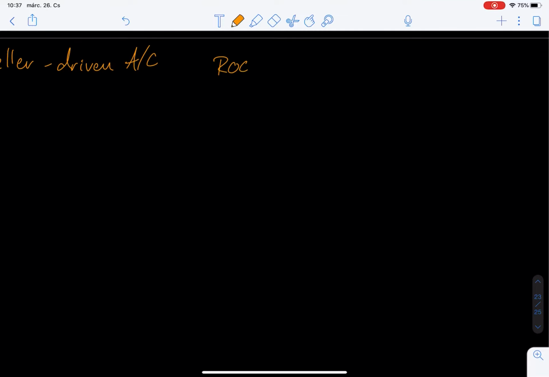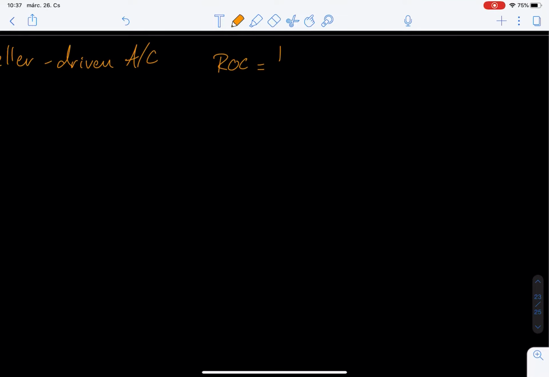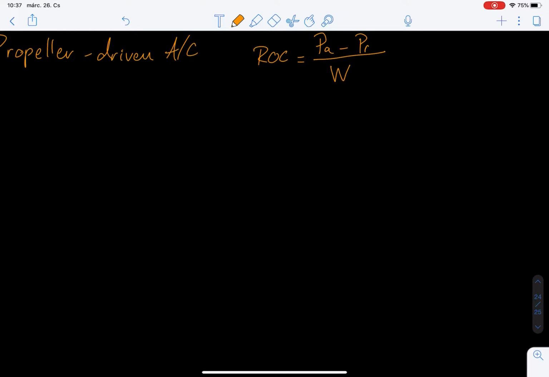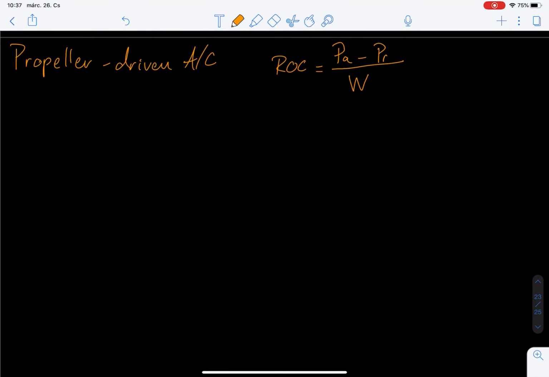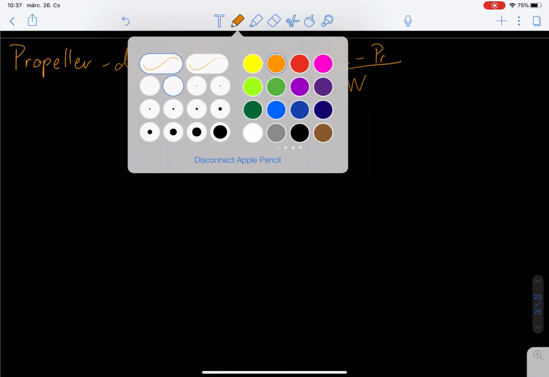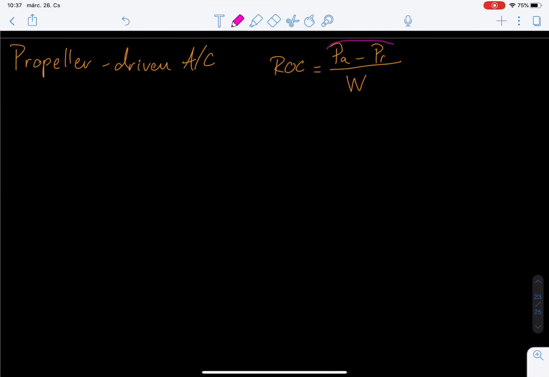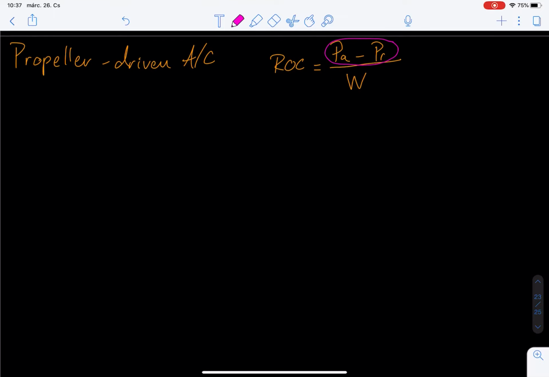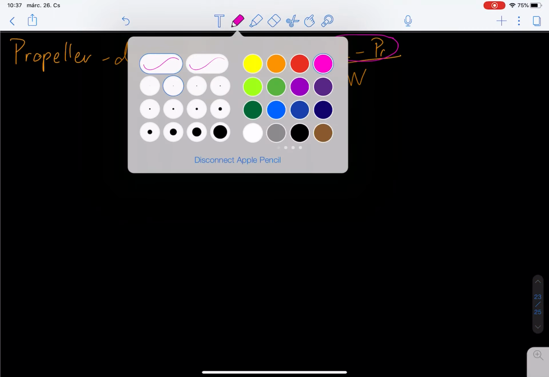Rate of climb was power available minus power required over the weight. Okay, so what we can see here is that this is going to be dependent on the excess power available as well, right? So the weight is the weight. There's nothing much we can do about that.